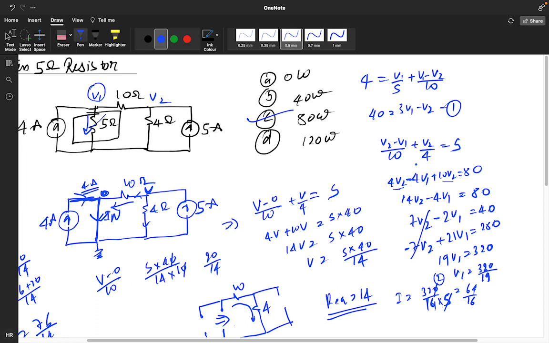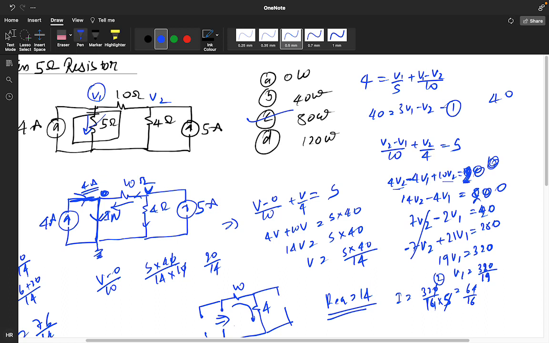While solving this, 4V2 minus 4V1 plus 10V2, and it won't be 5, it will become 20. 40 into 5, so 200, it will become 200. We just made a mistake here.